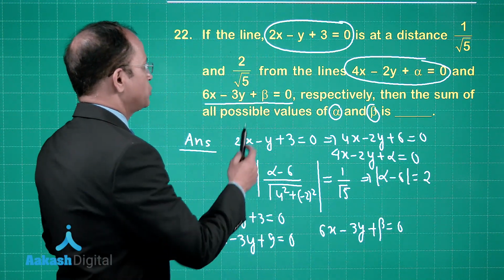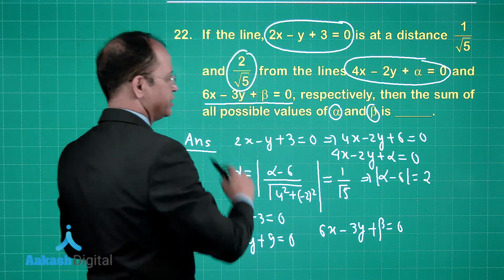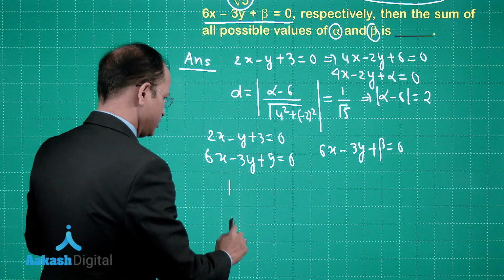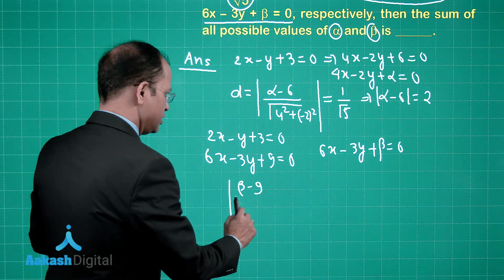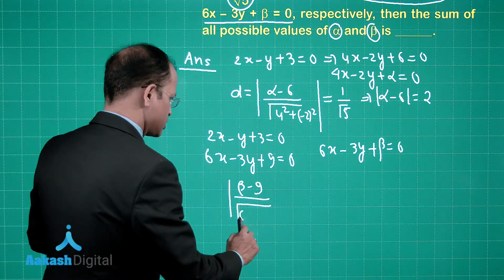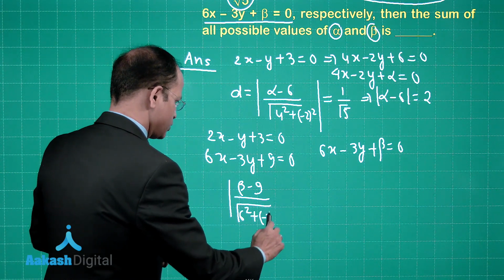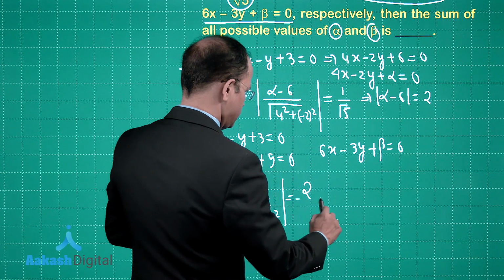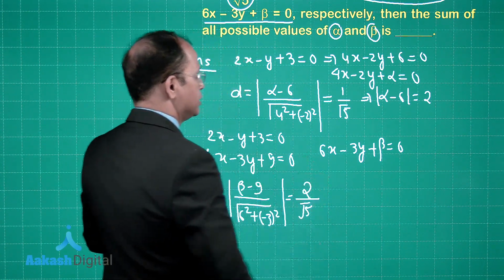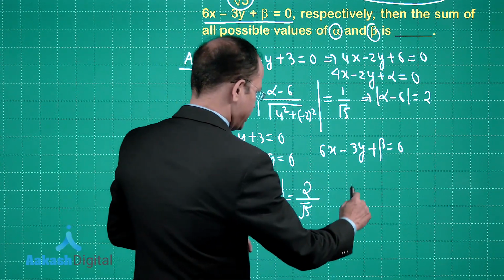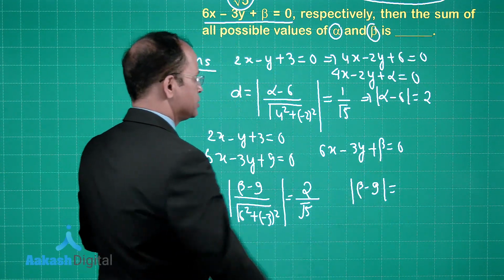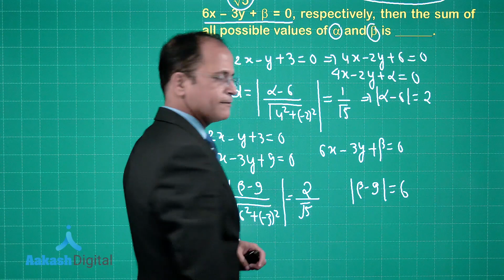Now if I talk about the distance 2 by root 5, yes, so it means beta minus 9 upon under root of 6 square plus minus 3 square, which is nothing but 2 upon root 5, right? So after the calculation, beta minus 9 is equal to 6, right? This is what we can take.